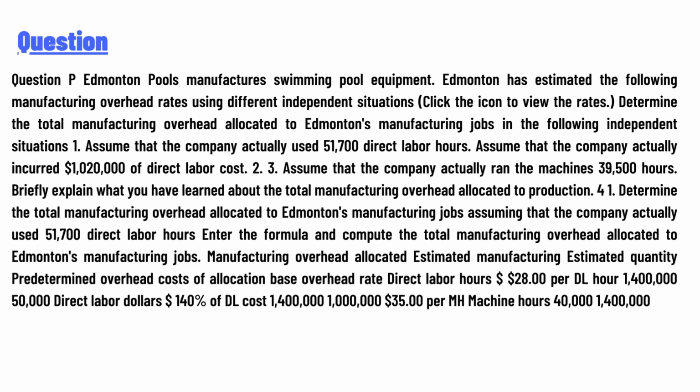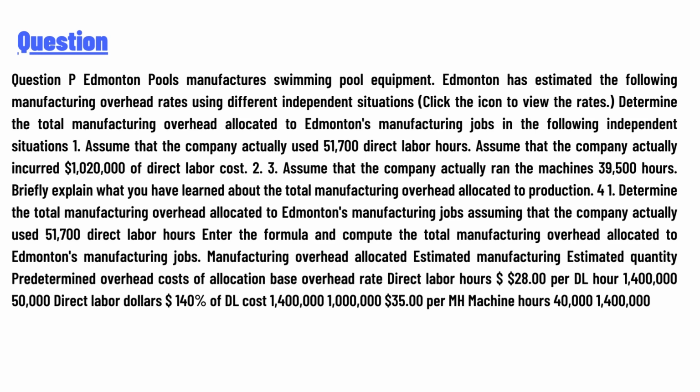1. Determine the total manufacturing overhead allocated to Edmonton's manufacturing jobs, assuming that the company actually used 51,700 direct labor hours. Enter the formula and compute the total manufacturing overhead allocated.